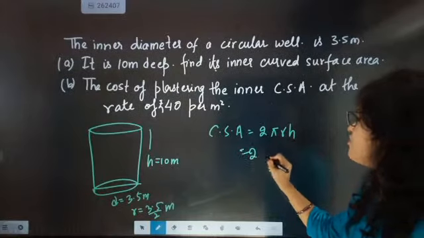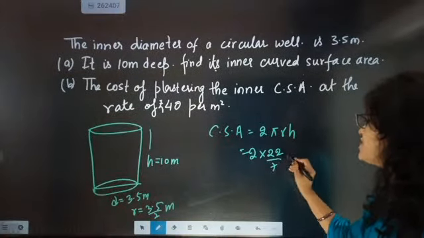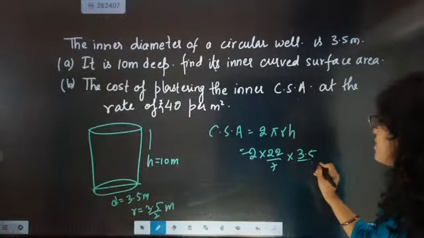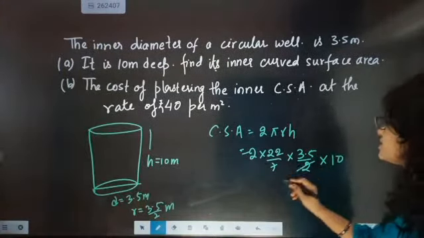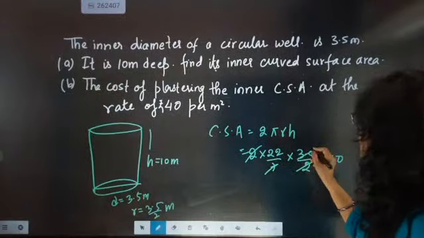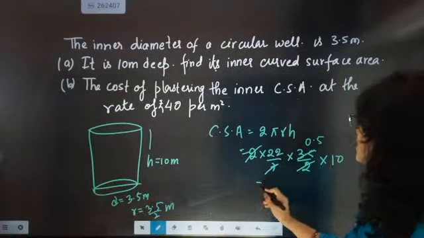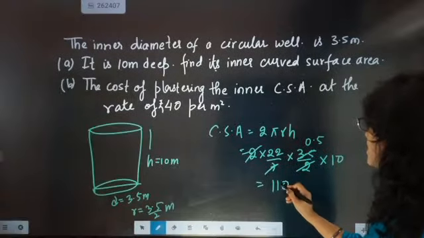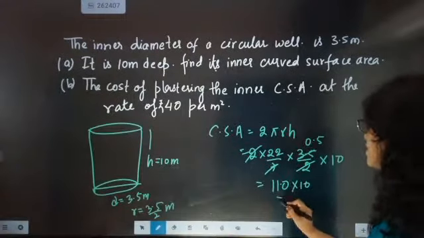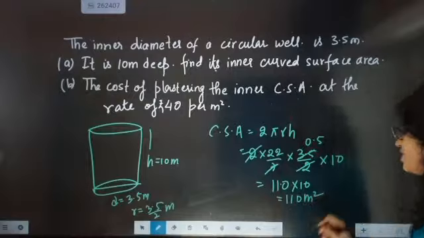So it's a very straightforward question. 2 into 22 by 7 into radius 3.5 by 2 into height 10. 2 and 2 will get cancelled. It will come as 0.5. 2 fives are 10, 11 into 10. So 100% it is coming as 110 meter square.